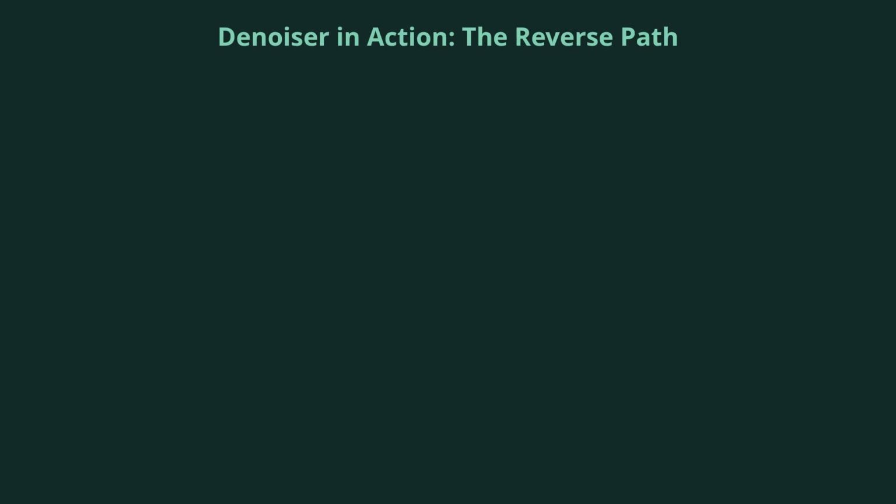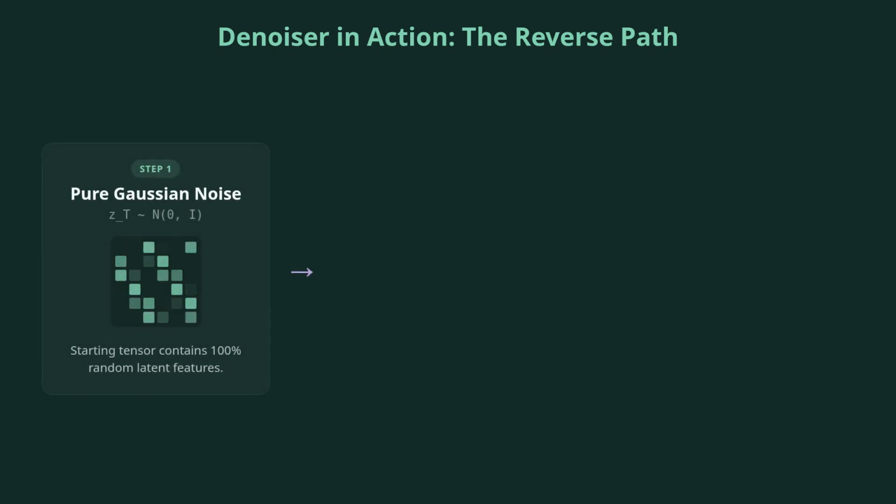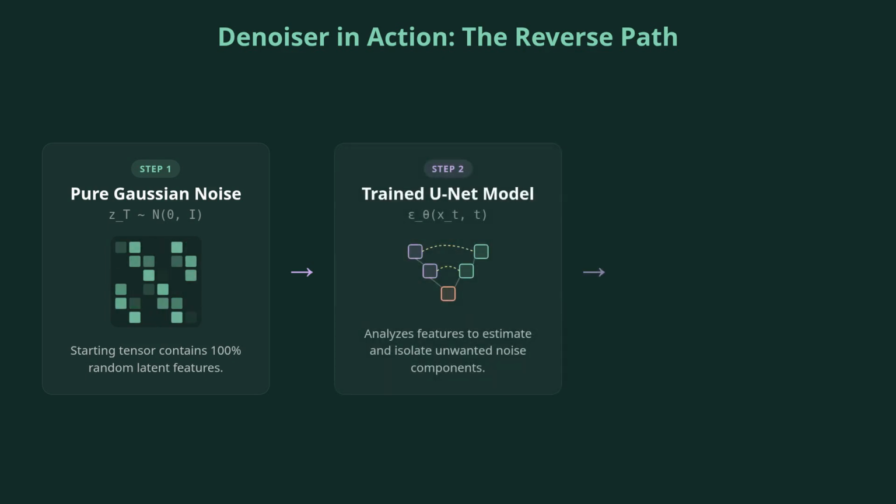Once the U-Net is trained, we can perform the miracle of generation by reversing the flow of time. We start by generating a tensor of pure random Gaussian noise from a standard normal distribution. We then feed this noise into our trained U-Net at time step 1000. The network predicts the noise component, which we scale and subtract from our current image, adding back a small, controlled amount of random noise to prevent the generation from getting stuck in local minima.